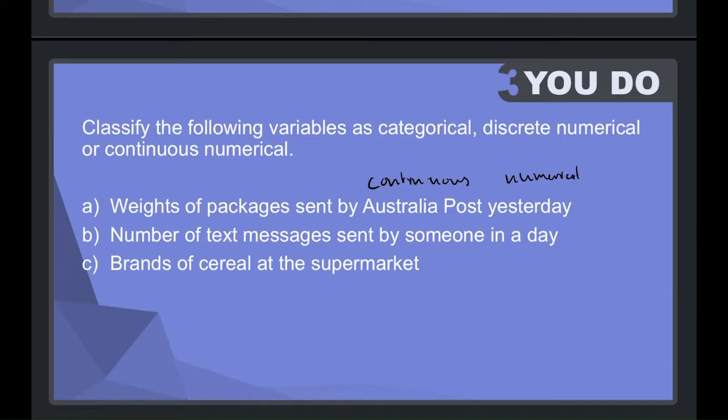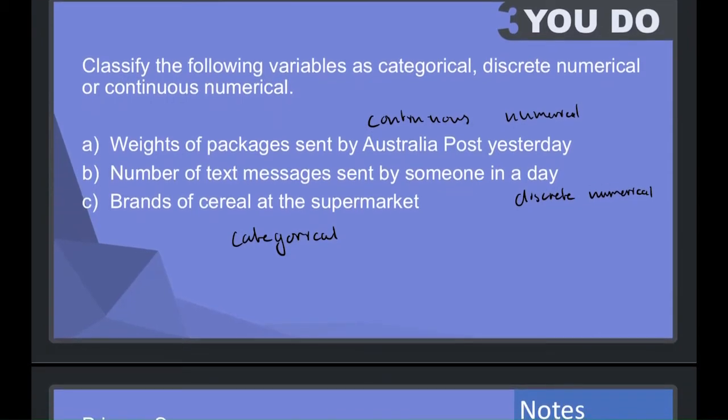The number of text messages sent by someone in a day, though, that's actually an example of discrete, again, because it's only possible to have whole number text messages. You can't send 0.46 of a text message. You're only sent 1, 2, 3, 4, 5, and so on. And brands of cereal, that one's categories. Categorical. Okay, that's types of data.